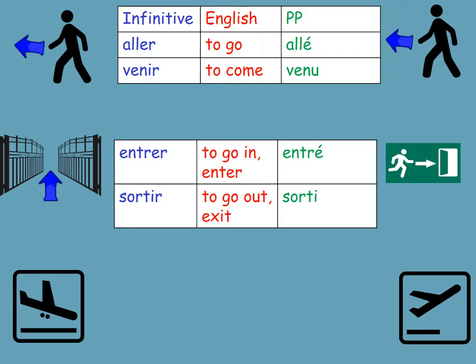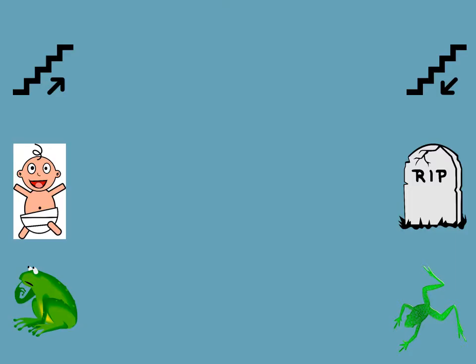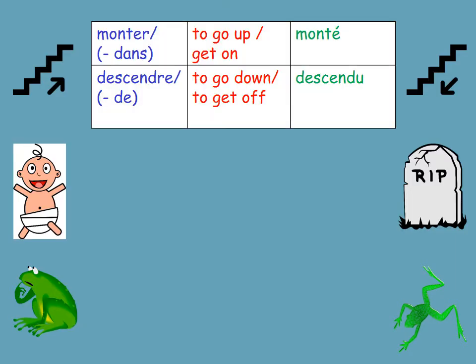Then you've got entrer, to go in, and sortir, to go out. You've got arriver, to arrive, and partir, to leave. You've got monter, to go up, or get on, like get on a bus, and descendre, to go down, or get off a bus.